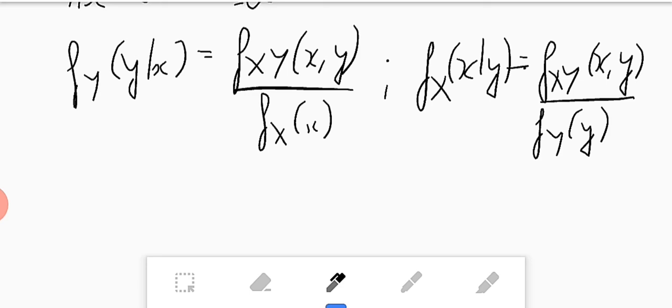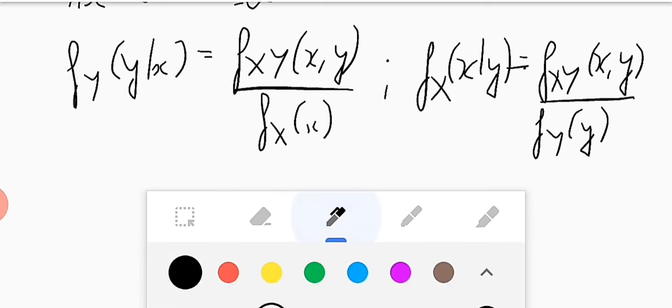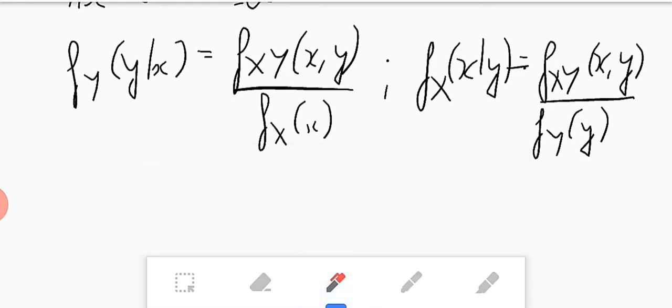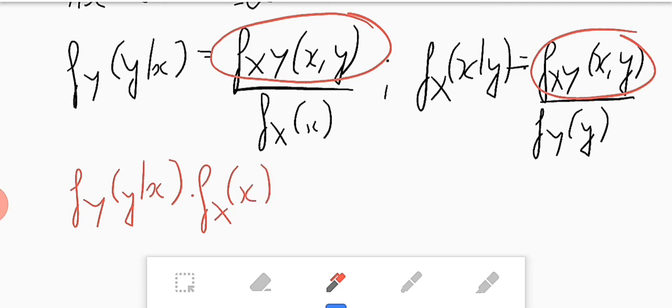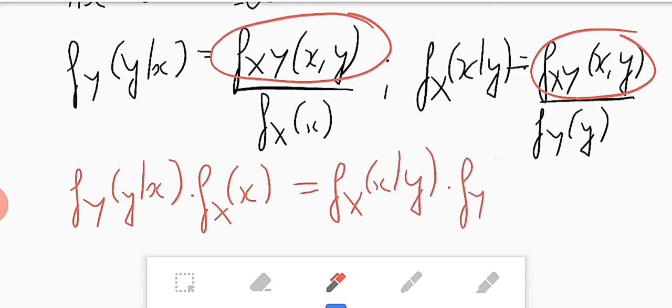So what can you conclude? fy of y given x times fx of x has to be equal to fx of x given y times fy of y.